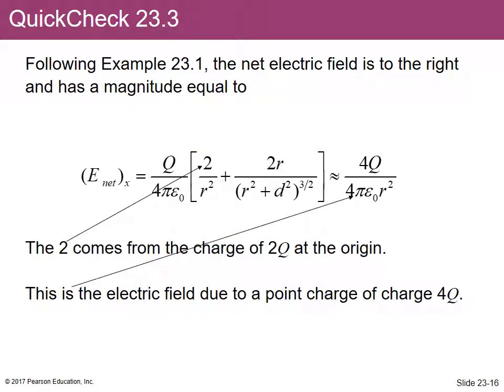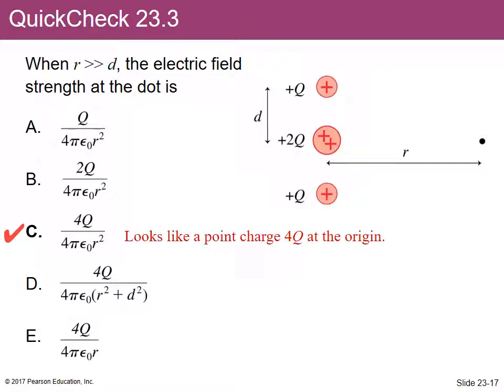The magnitude of the electric field is equal to 4q divided by 4 pi epsilon naught r squared. The 2 comes from a charge of 2q at the origin. The electric field at a far distance from the set of charges is equivalent to a point charge of charge 4q.